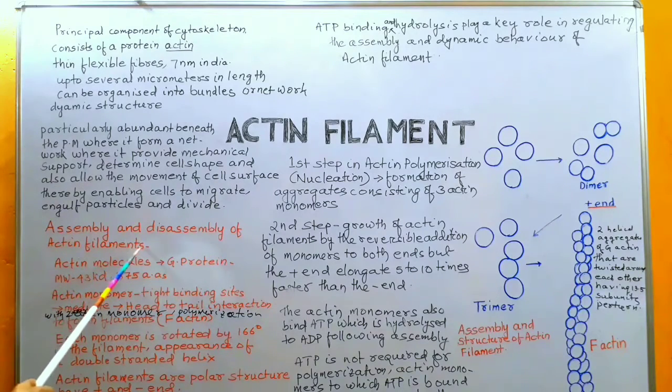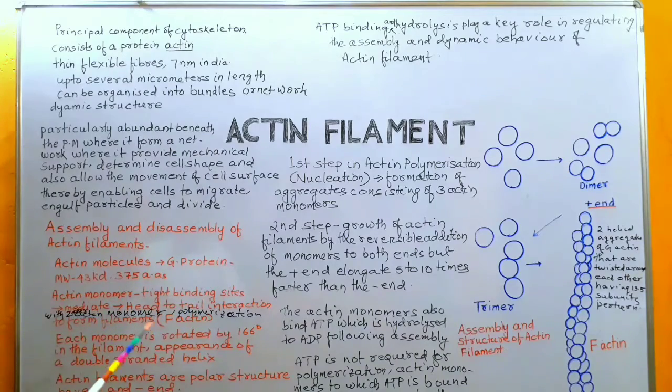Assembly and disassembly of actin filaments. The actin filaments consist of a type of globular protein known as actin. This actin, also known as G-actin, is a single polypeptide chain. Molecular weight is 43 kilodalton and the polypeptide chain contains 375 amino acids. So this G-actin is also known as actin monomer.